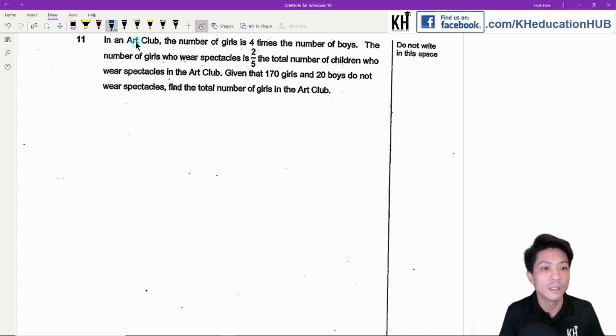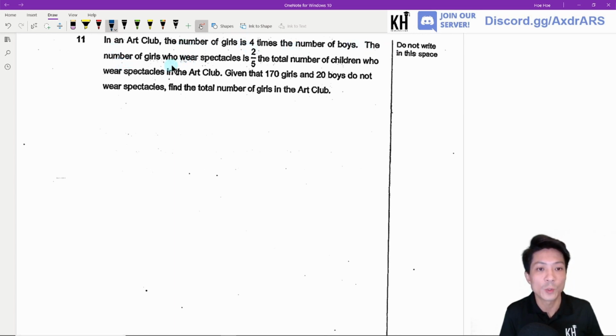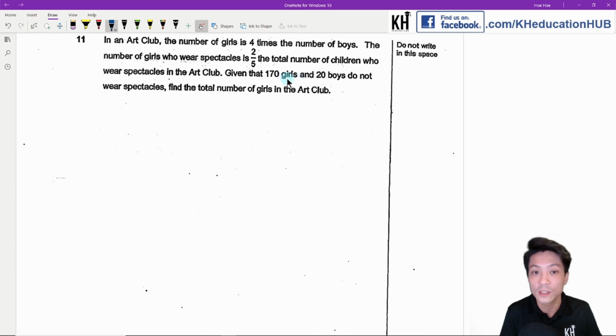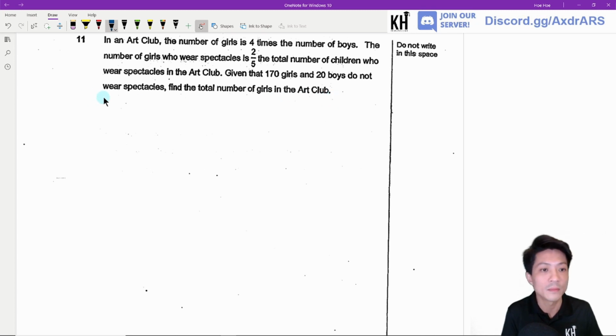Okay, question 11. In an art club, the number of girls is 4 times the number of boys. The number of girls who wear spectacles is 2/5 the total number of children who wear spectacles in the art club. Given that 170 girls and 20 boys do not wear spectacles, find the total number of girls in the art club.